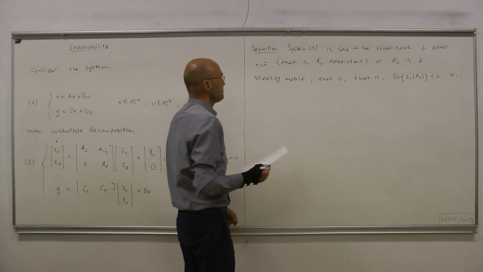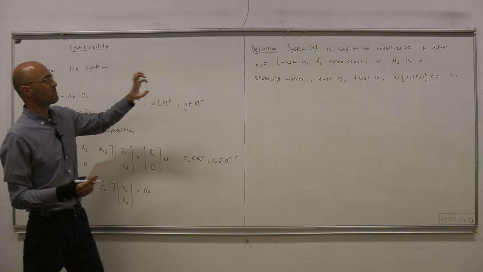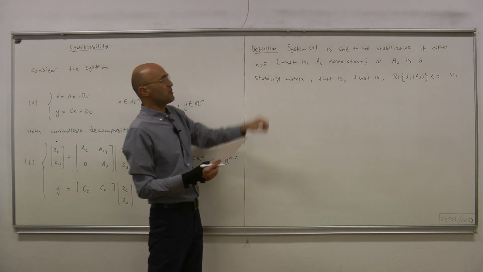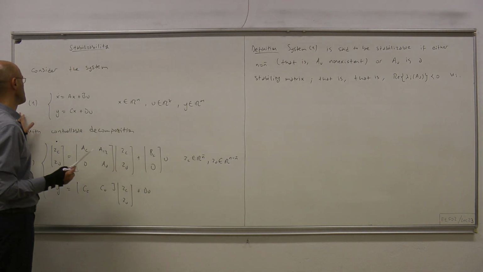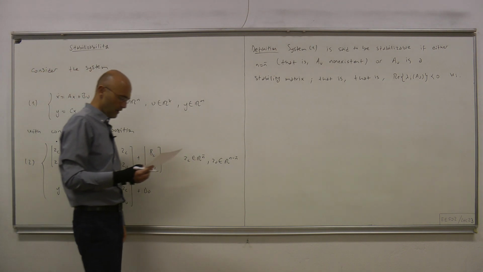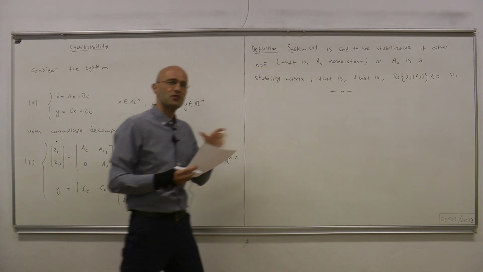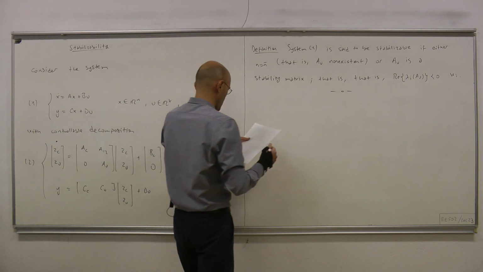So let's try to convince ourselves that if the system is stabilizable according to that definition, then all the solutions can be made to converge to 0 for this original system. This is not really a proof, just an informal argument.